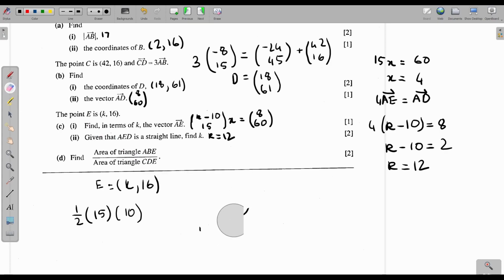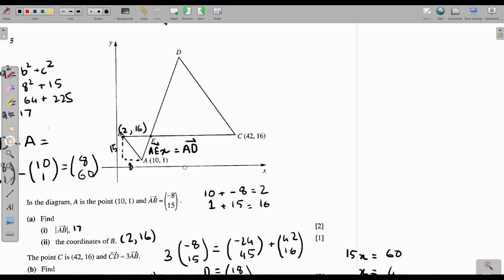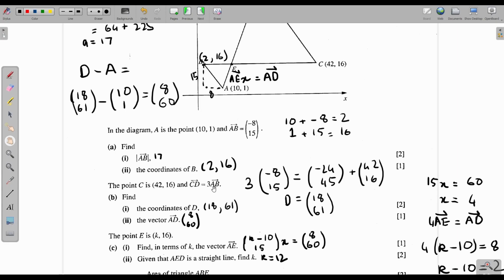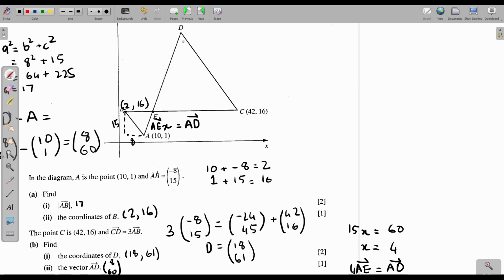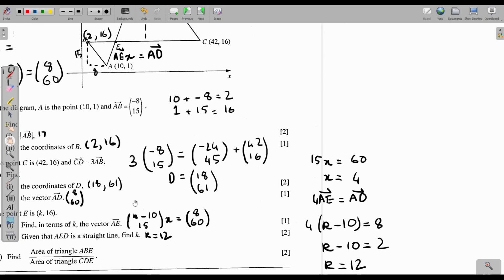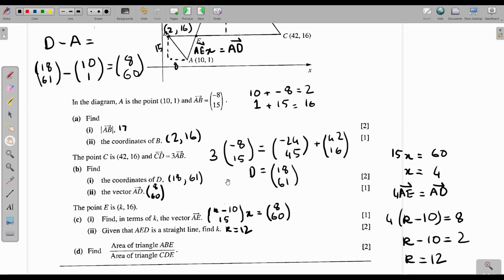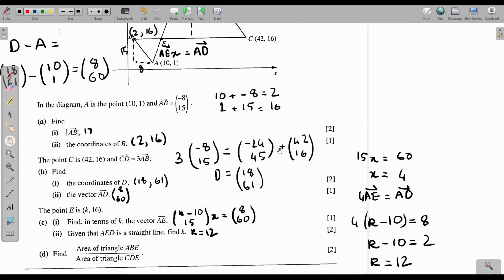All right. And now the second half of that equation is the area of triangle CDE. So again, the height we will know from CD, which we already had. CD was 3 times AB, so we did 3 times AB right here.